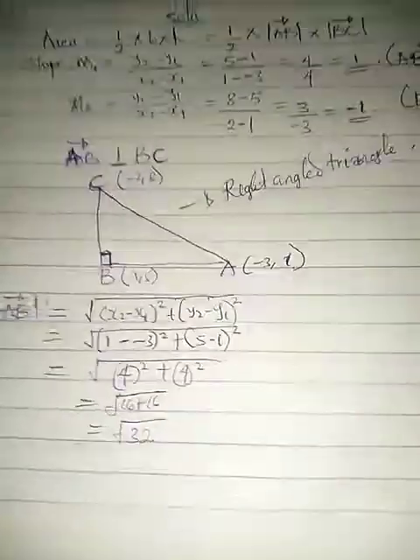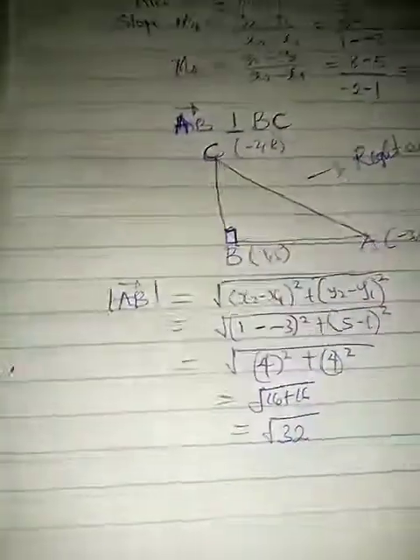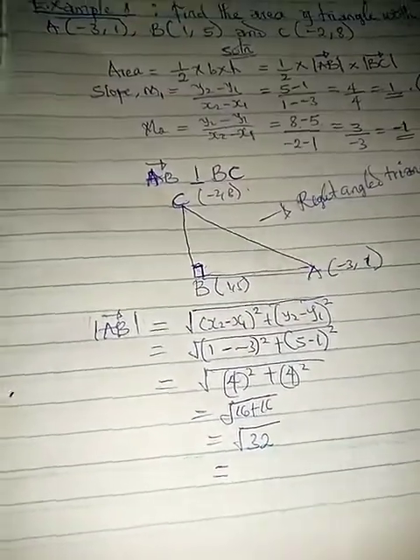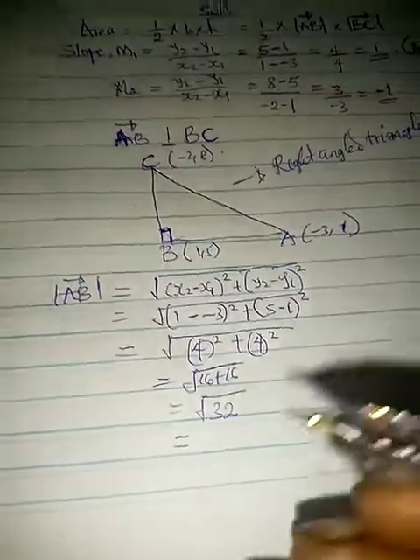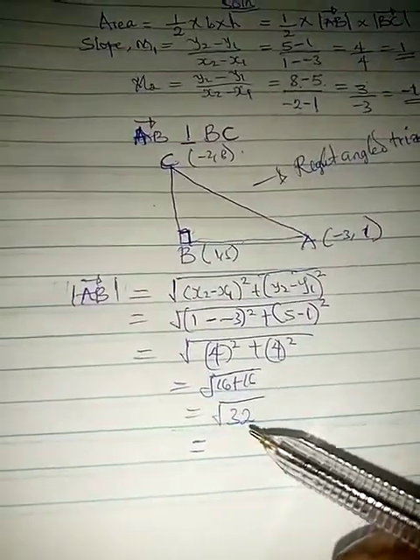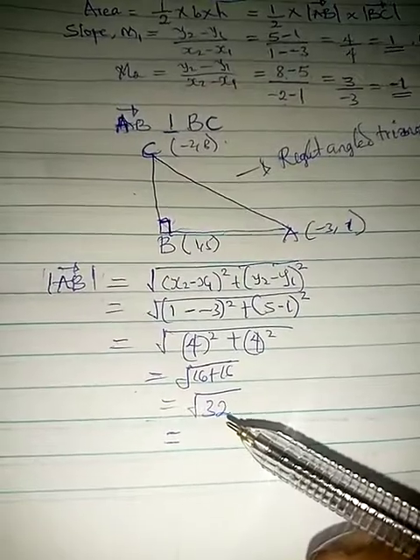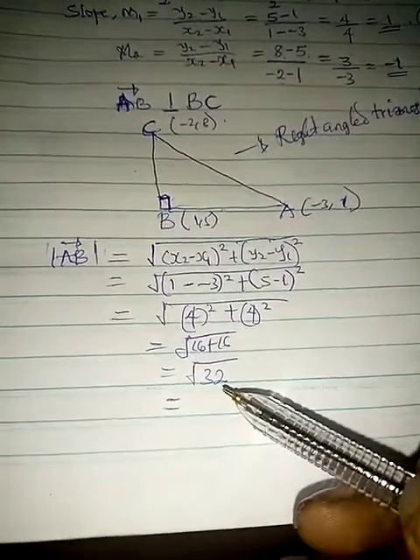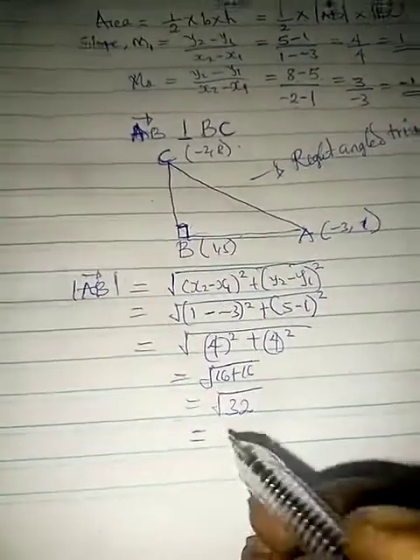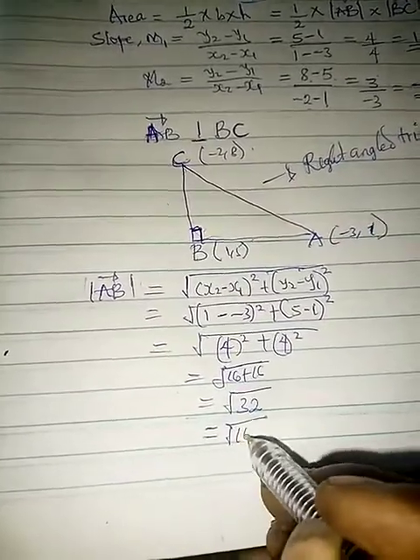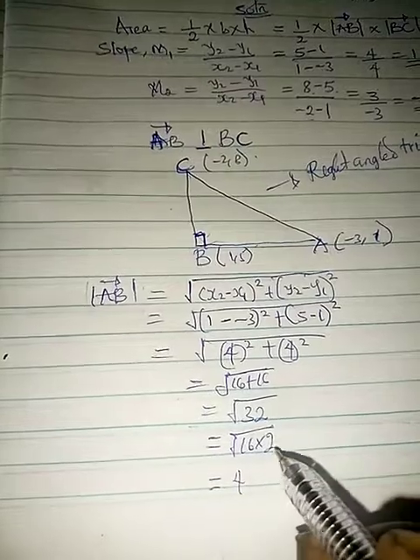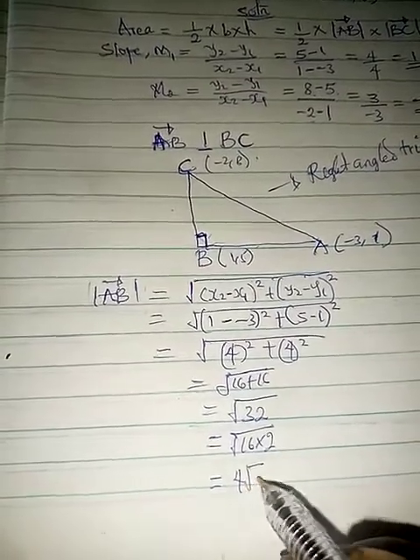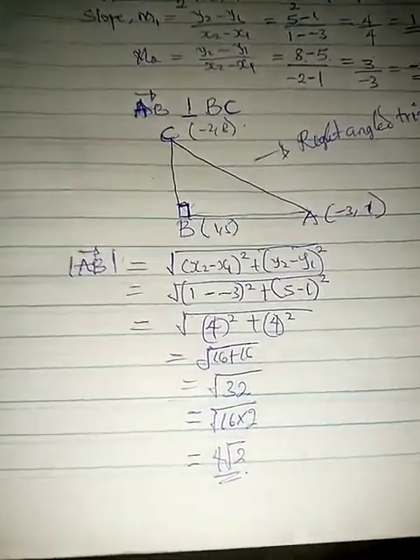Now, if it is the square root of 32, what do we now do? We can split it because this is a surd in surd form. So what are the two numbers that when you multiply them you have 32, and one of the numbers must be a perfect square. So it's going to be 16 times 2, because 16 is a perfect square. So square root of 16 is 4, then times root 2 will still remain root 2. So we are done with length AB.